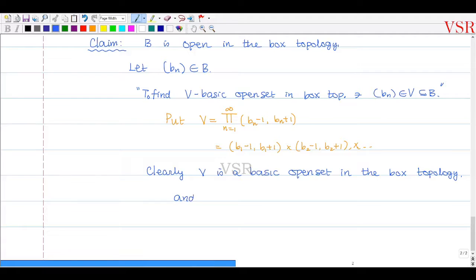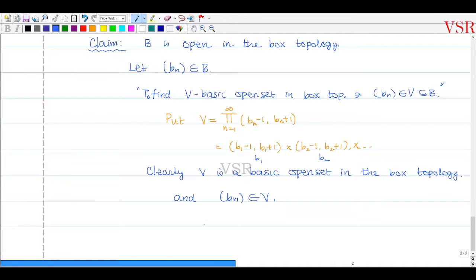And this bn ங்கிற sequence எதுல இருக்கும்? என்னோட v ல இருக்கும். கரெக்ட் தானே? ஏன்னா இதுல ஃபர்ஸ்ட் எலிமெண்ட்ல இந்த இடத்துல b1 இருக்கு, இதுல b2 இருக்கு சென்டர் பாயிண்ட். அப்போ b1, b2 இது எல்லாமே v ல இருக்கும். Okay, so V is a basic open set in a box topology and Bn is an element belonging to capital V.